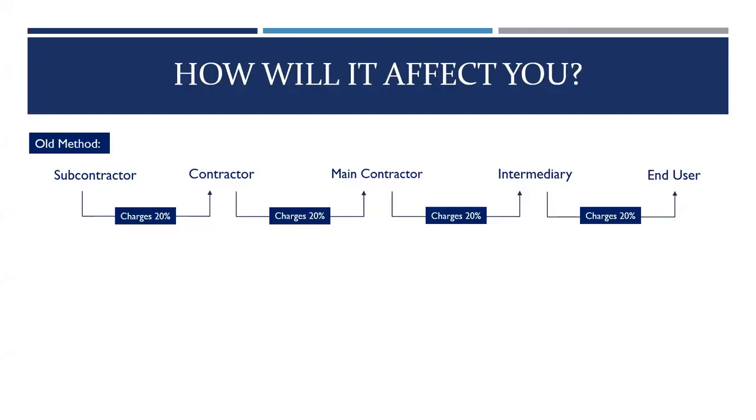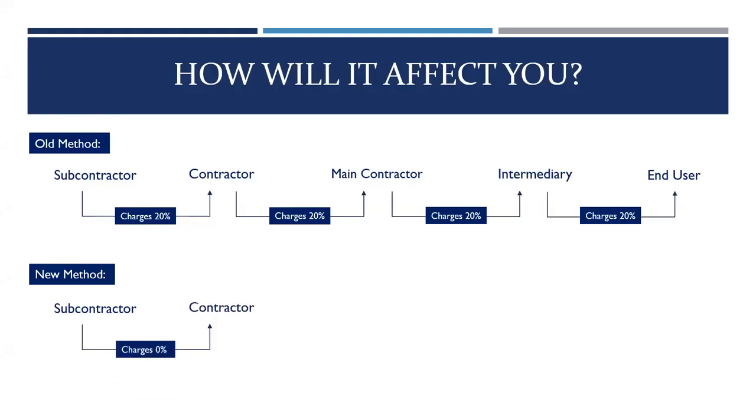So what they've brought out, and this is only for the construction industry scheme, is a new system. The new method is that the subcontractor will charge the contractor with no VAT on it. The contractor will then charge the main contractor with no VAT on it.